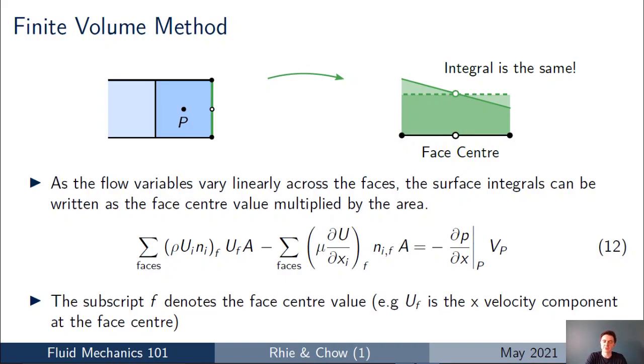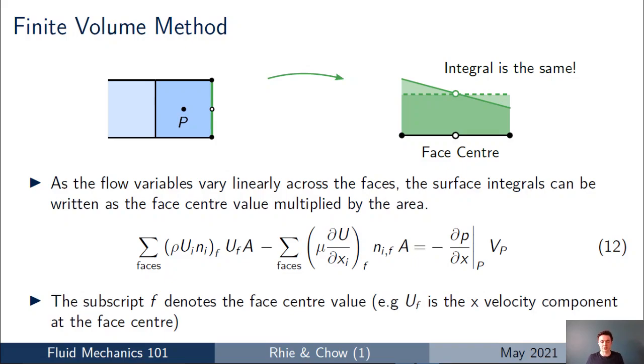Well, we can use that same trick that we used before with the pressure gradient, where we notice that because the flow quantity, whatever it may be, varies linearly across the face, the integral will be equivalent to taking the value at the center of the face and multiplying it by the area of the face. And so that's what we do to arrive at equation 12. You'll notice that that integral over each of the surfaces is gone, and instead what we've got is just the value at the face center, which I'm denoting with a subscript f, multiplied by the area of the face A.